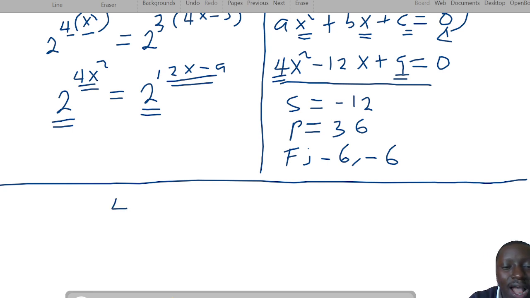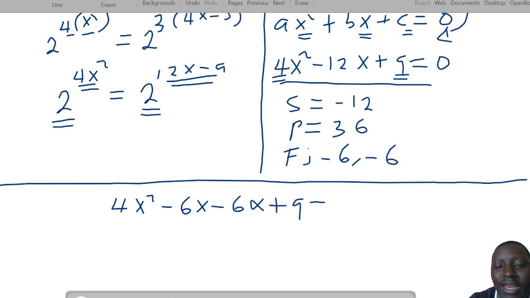So now what we have is 4x squared minus 6x, and this one minus 6x plus 9 equals 0.